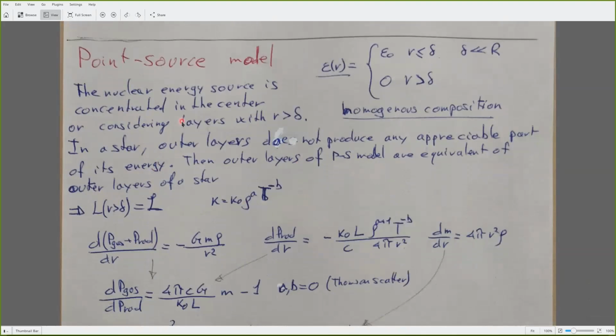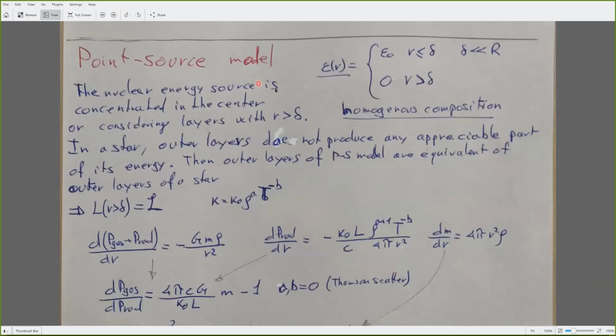Another model that we can calculate is the point source model, where we suppose that epsilon, depending on r, is just constant in a small part of the interior. To be extreme, just one point.